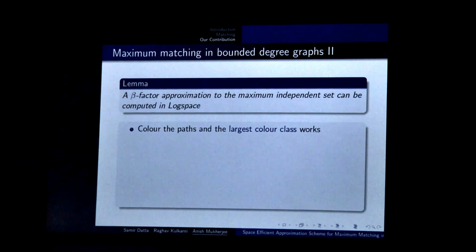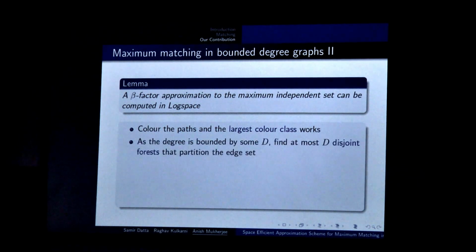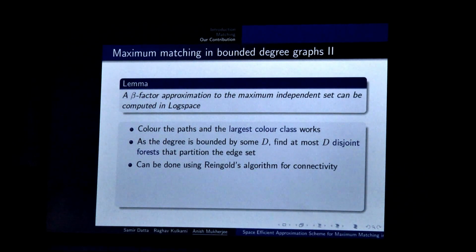The idea is simple. Since the given graph is bounded degree and the augmenting paths are of bounded length, this intersection graph is also of bounded degree. We color this graph and take the largest color class, which will give a constant fraction of the paths. Suppose the new graph's degrees are bounded by some capital D. We find D edge-disjoint forests in this graph, and for this we can use Reingold's famous algorithm for undirected connectivity in Logspace.